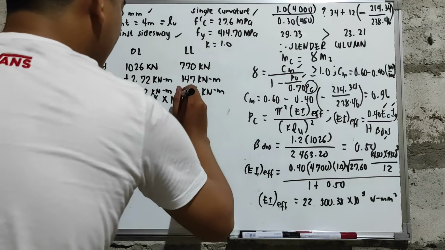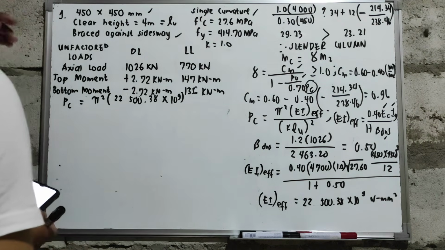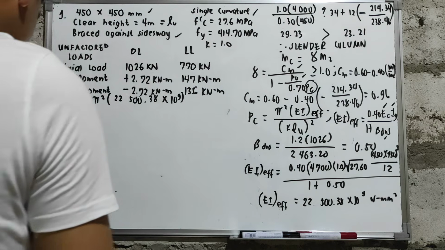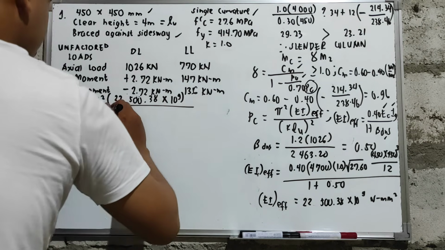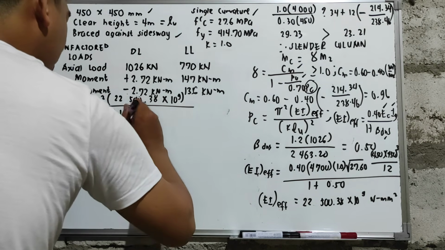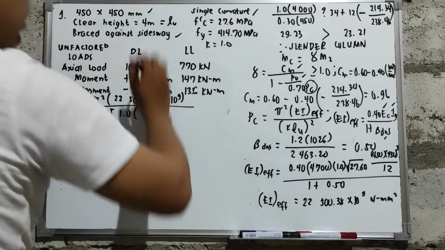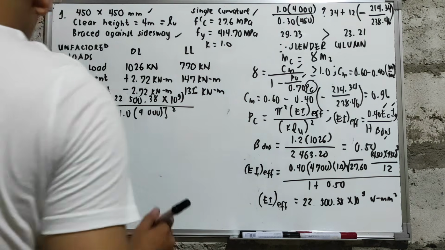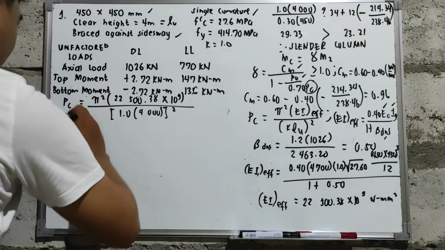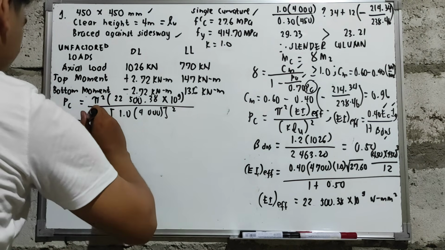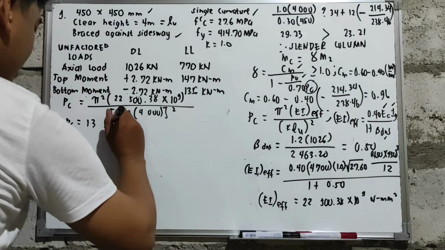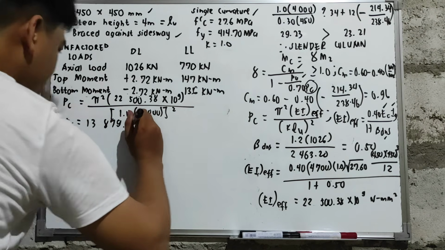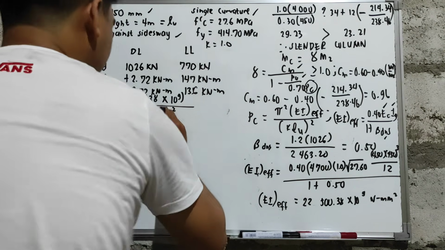So sa paggamit natin ng mga formula, dapat naka-Newton at saka naka-mm tayo. Over, meron tayo dito yung K natin na 1.0, yung unbraced length natin na 4,000 mm squared. So, the value of your critical buckling load is equal to 13,879.37 kilonewton.